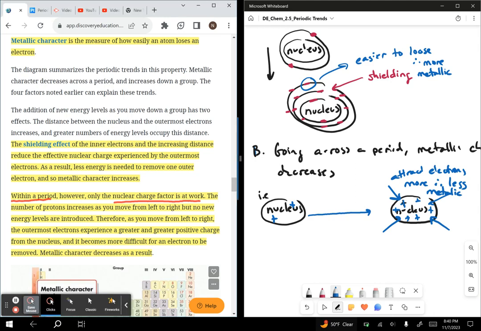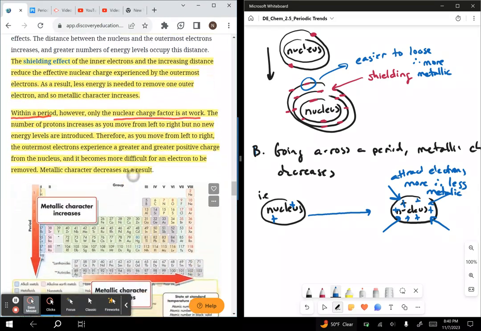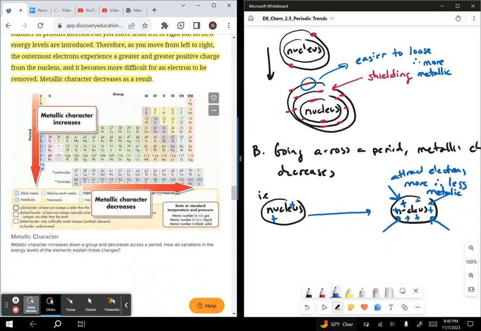And this is just stuff you're going to have to review, quite honestly, over and over. But you can see the overall trends. Metallic character increases going from top to bottom, and metallic character decreases going left to right, okay? Rules. So let's just say letter C, refer to chart.